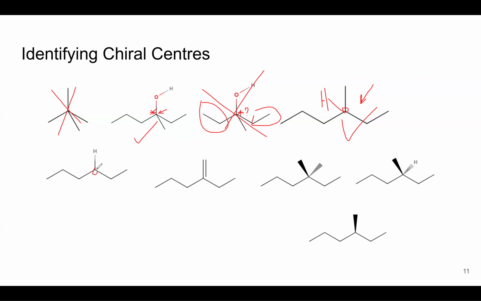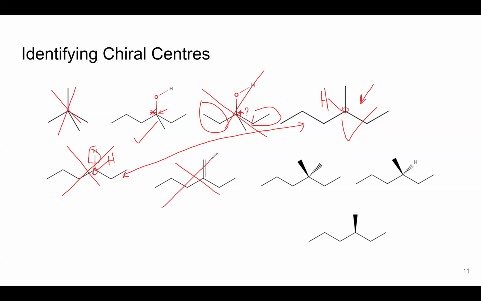So is this a chiral center? Well, you might think these two look pretty similar, right? But here you have a hydrogen and another hydrogen, which means it doesn't have four different groups. So this is also not a chiral carbon. Is this chiral? The answer is no. It's not even attached to four different groups.